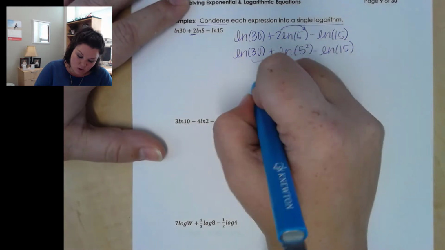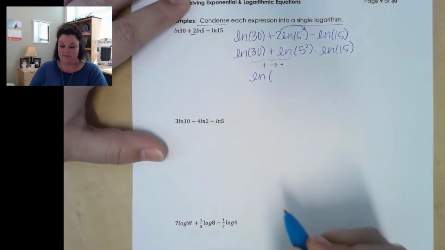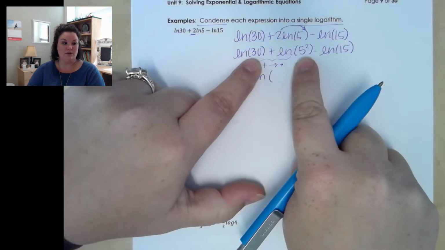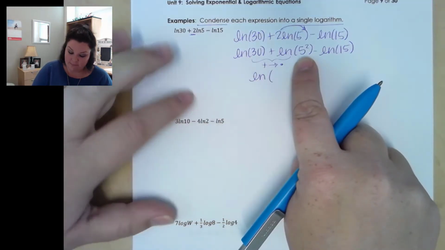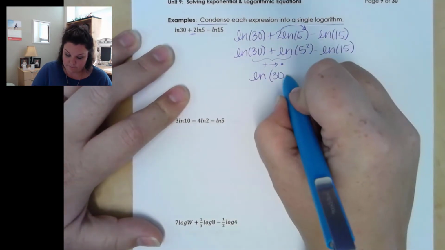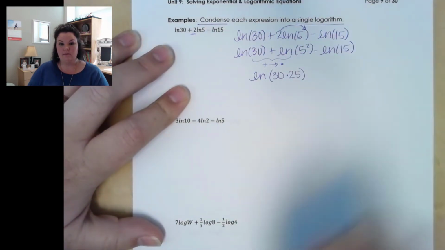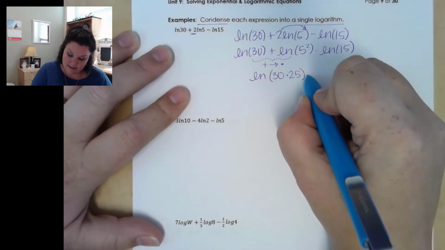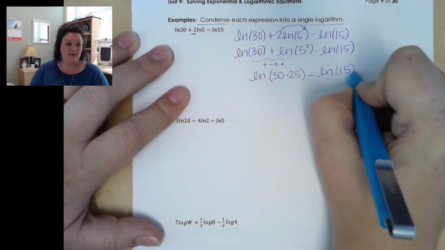So I can write this as one natural log term if I just multiply these 2 numbers together. So 30, and I'm going to change that 5 squared to a 25. Okay, and then I still have this minus ln 15.